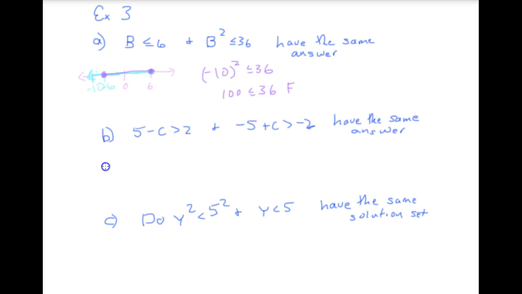Let's move down to the next one. 5 minus c is greater than 2. So subtract 5 from both sides: 5 minus 5 minus c is greater than 2 minus 5. Oh, yeah, that's right. So negative c, the opposite of c, is greater than negative 3. Now that's interesting. We have to read this very carefully. The opposite of c is greater than negative 3.